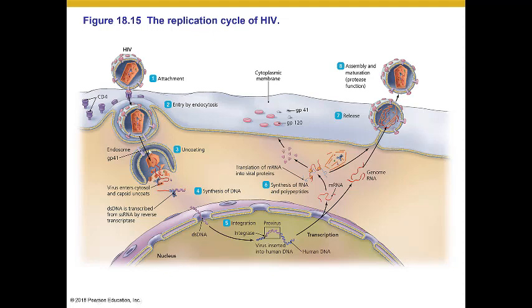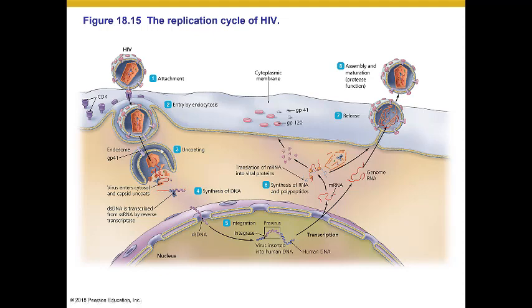The virus wants to release its contents into the cell, so you need the viral envelope to fuse with the endosome that just took in the virus. That is the job of GP41.